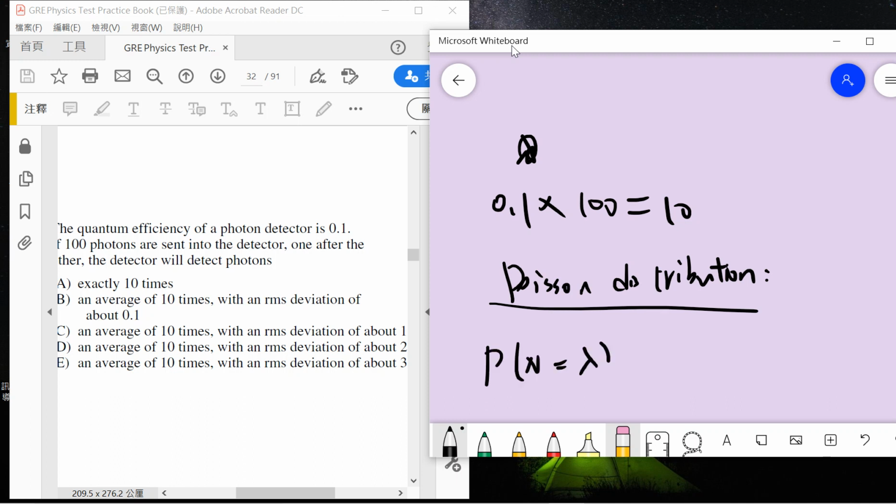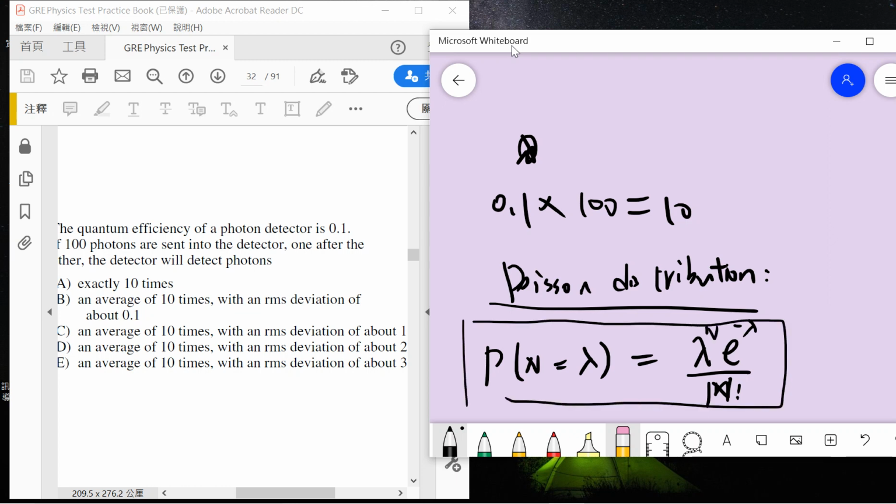The Poisson distribution means that the random variable n can take any value 0, 1, or positive integers, and the distribution looks like this.